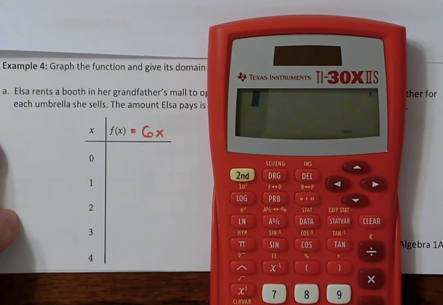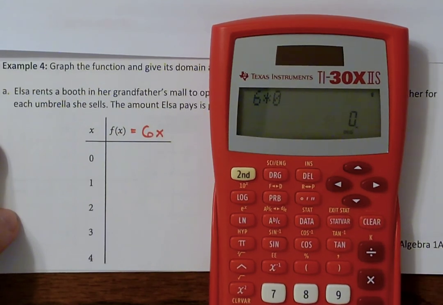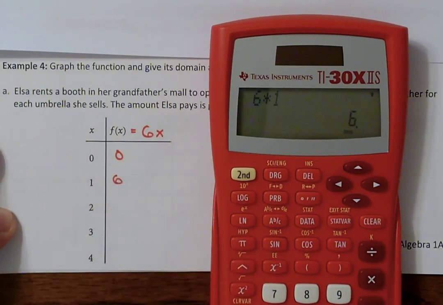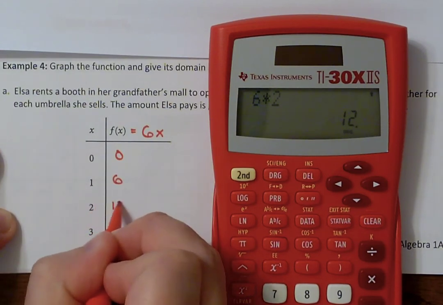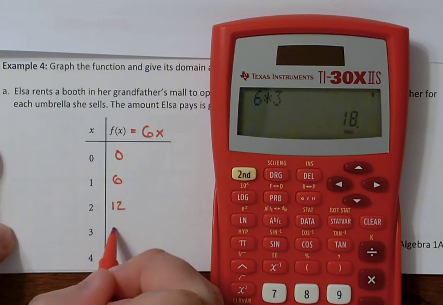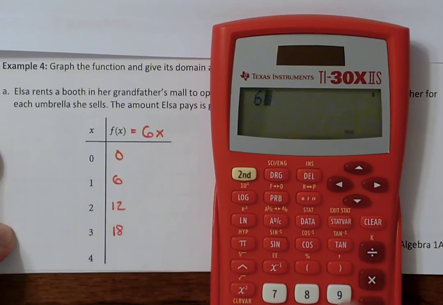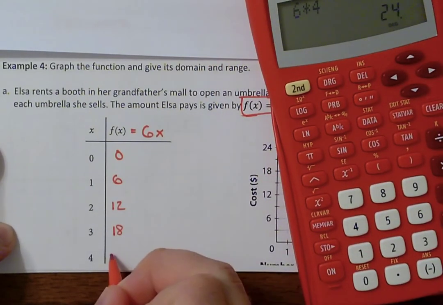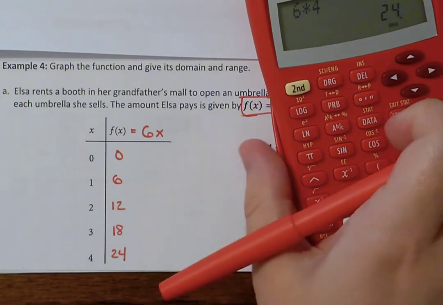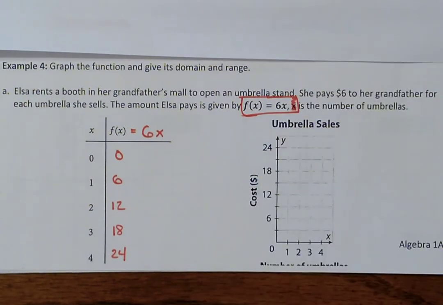First, 6 times 0 gives me 0. 6 times 1 is 6. 6 times 2 is 12. 6 times 3 is 18. And 6 times 4 is 24. Okay, so I now have my table.